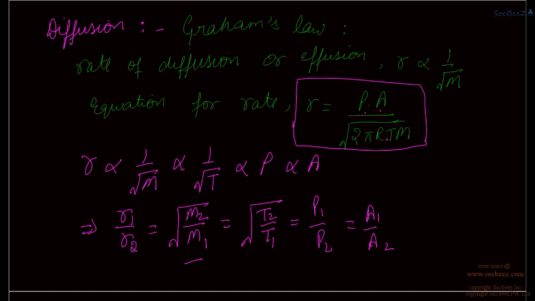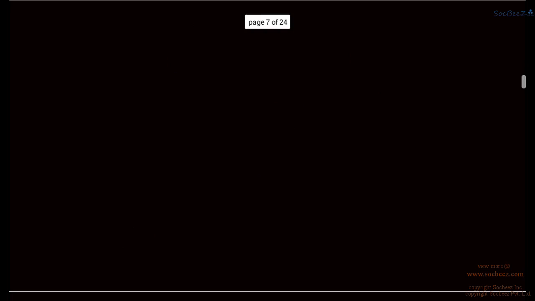Now, let's discuss the speeds at which gases move. We denote the speeds at which gases move by three quantities known as RMS speed, U RMS, most probable speed and average speed.